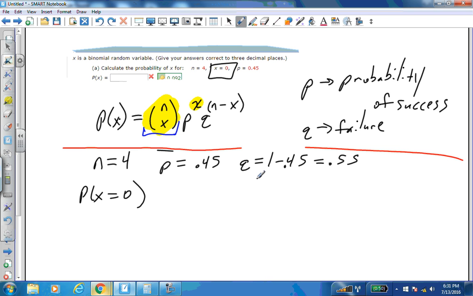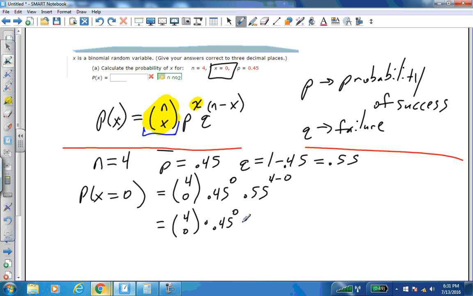So to begin with, let's write out our probability function. That's n choose x, times p to the x, times q to the n minus x. So that's 4 choose 0, times 0.45 to the 0 times 0.55 to the 4.